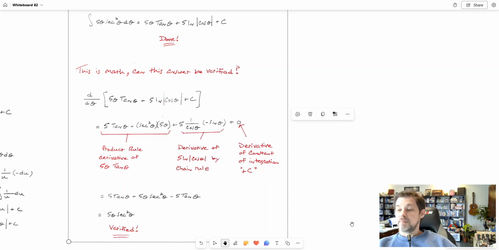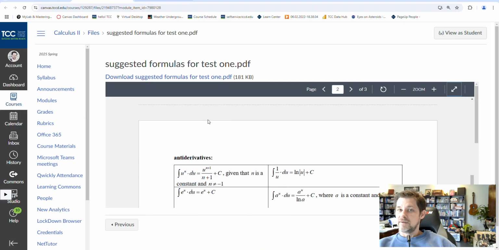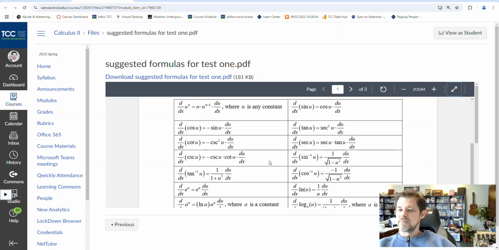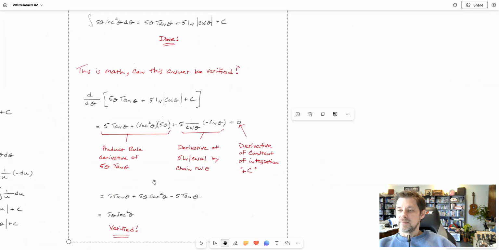But another part of it is that there's a lot to know by the time you get to Calculus 2. I need to know how to solve this problem, perhaps with some navigating of this formula sheet, but I also need to know how to find and use the product rule and the chain rule, stuff that was learned in Calculus 1. It still comes up in Calculus 2.